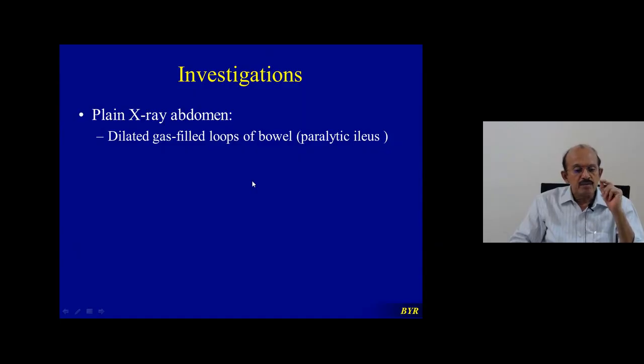Supine X-ray will show you the distended bowel loops, the ileal shadows, the jejunal shadows, the colonic shadows. That indicates that it is a case of paralytic ileus.